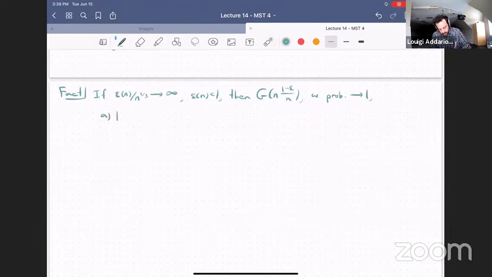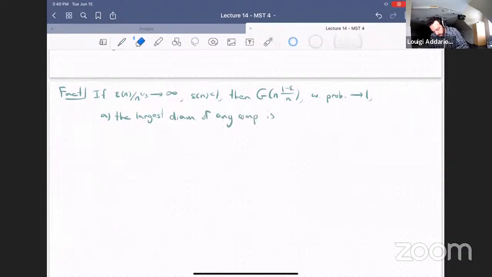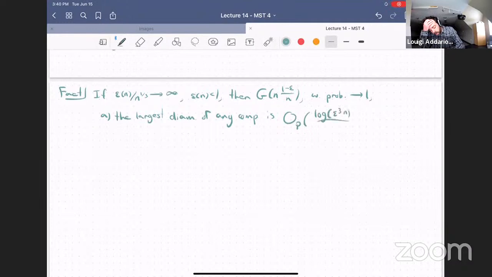One is that the largest diameter of any component is at most order log of (epsilon cubed n) over epsilon.